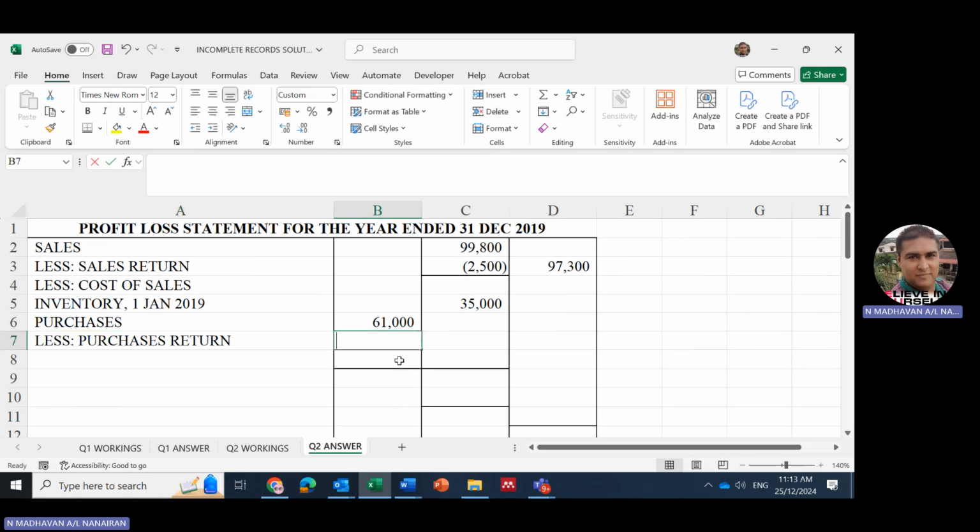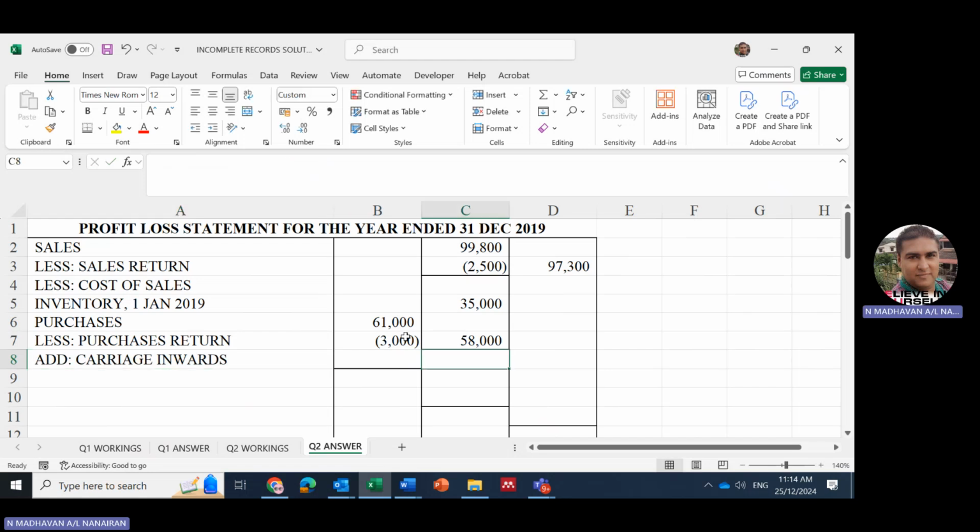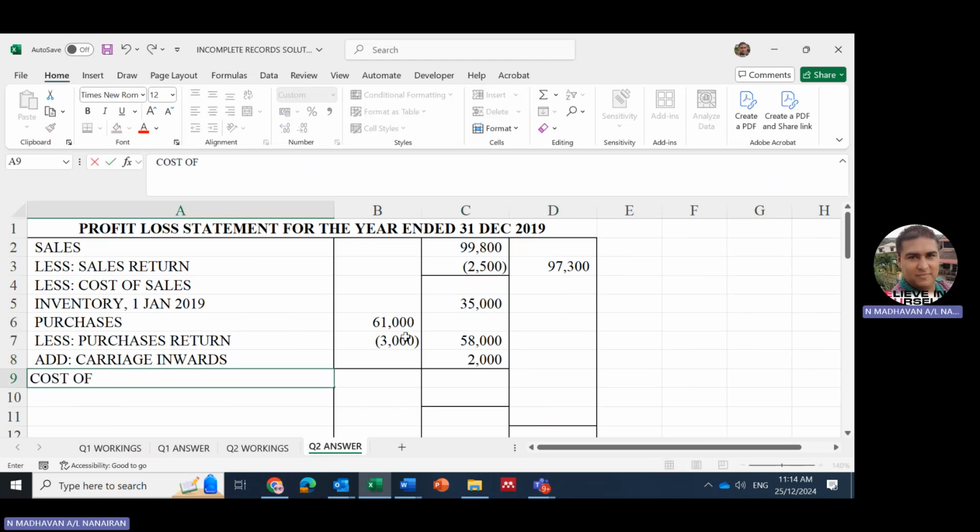How much? 3,000, correct? That equals 58,000, correct? Next, you add carriage inwards. How much carriage inwards? 2,000, correct?